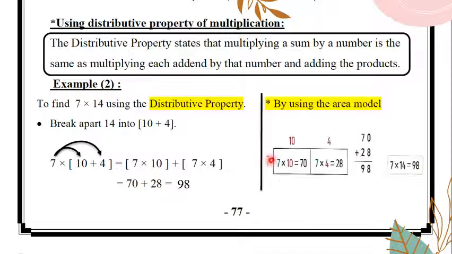Then I will make 7 times 4 equal 28. Now, let's add these two numbers. 70 plus 28 equal 98.